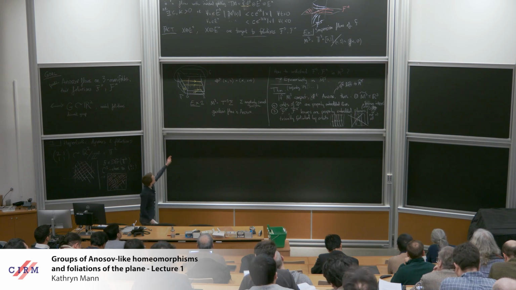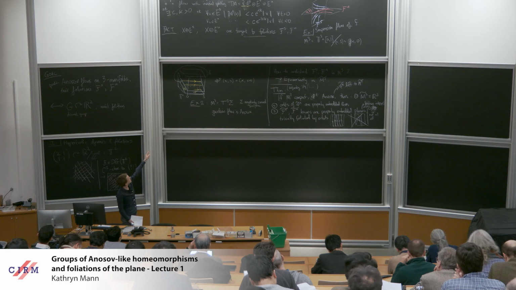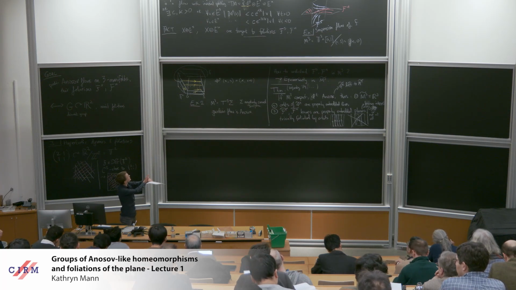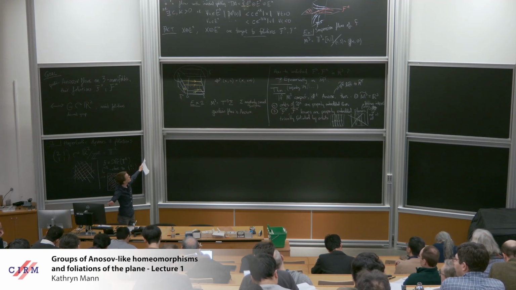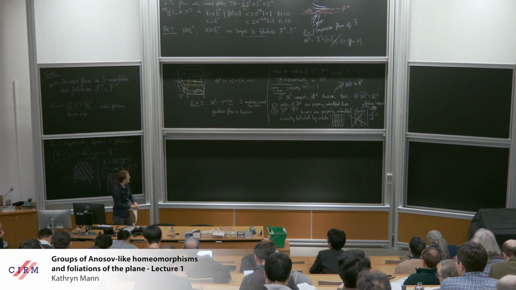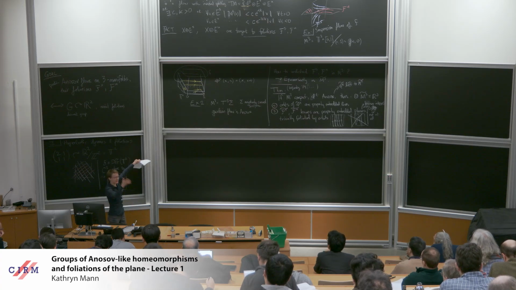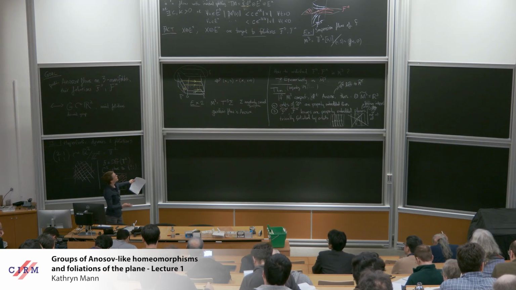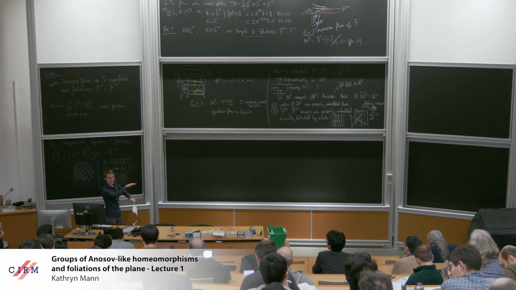So this is clear in my baby example of the suspension flow if you want to think about this in this cartoon. If you look at the universal cover of this, there are two directions to unwind. There's the interval direction to get R, and there's the torus direction to get R2. And you can see just by hand that now my orbits go in straight lines, my foliations become stacks of planes transverse to one another, and it's sort of R3 foliated in a very basic way, well, in three very basic ways.